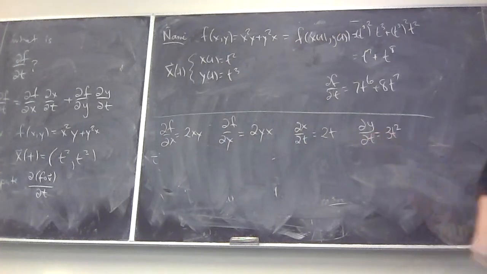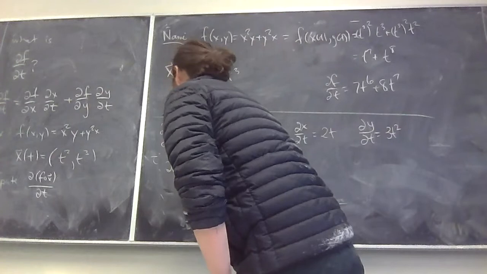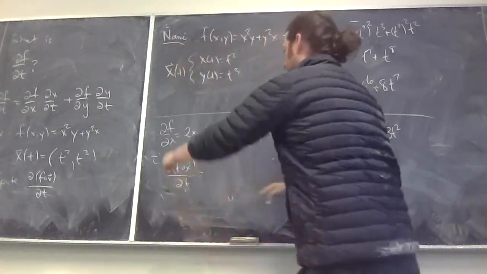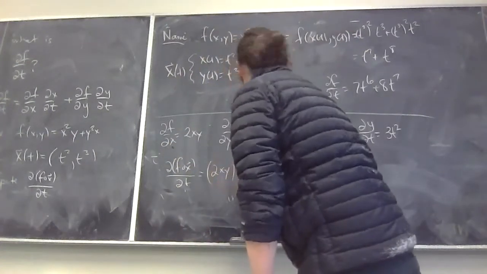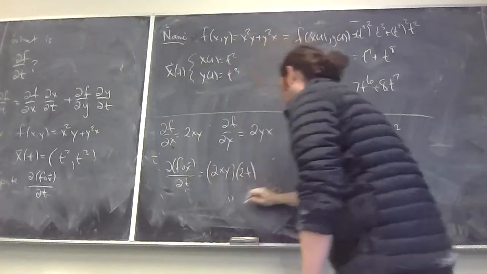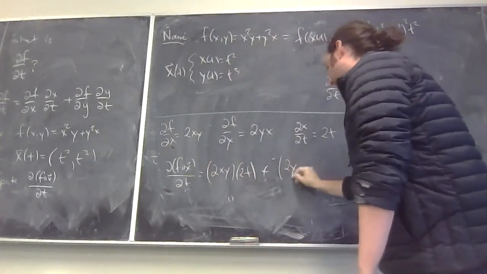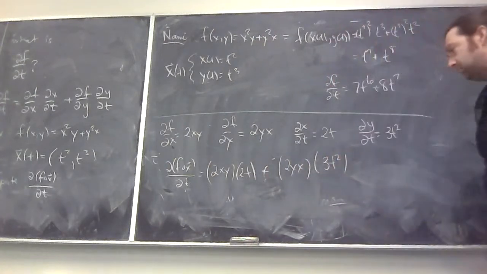So having computed all these pieces, d of f composed with x should be equal to df dx times dx dt plus df dy times dy dt.